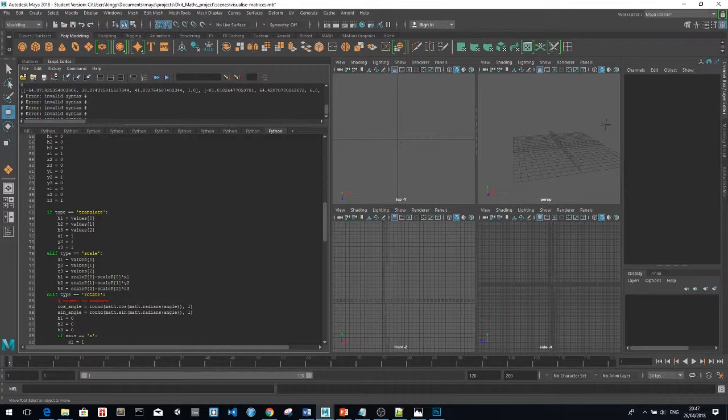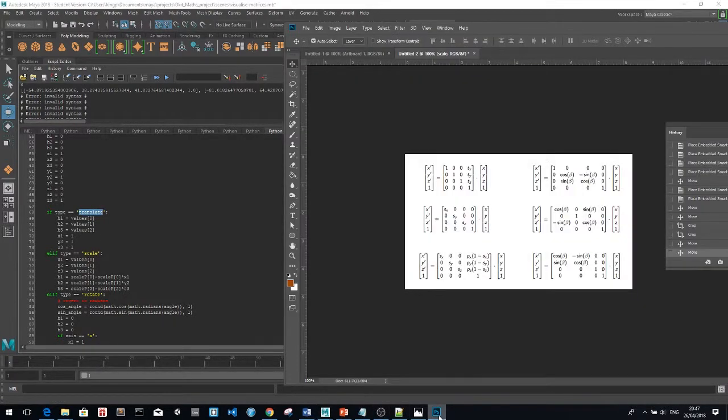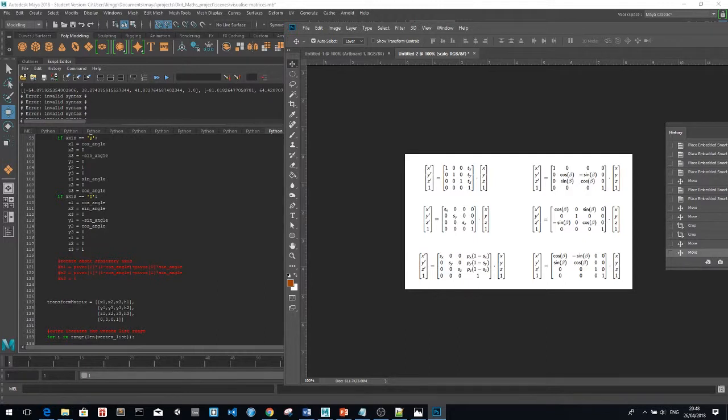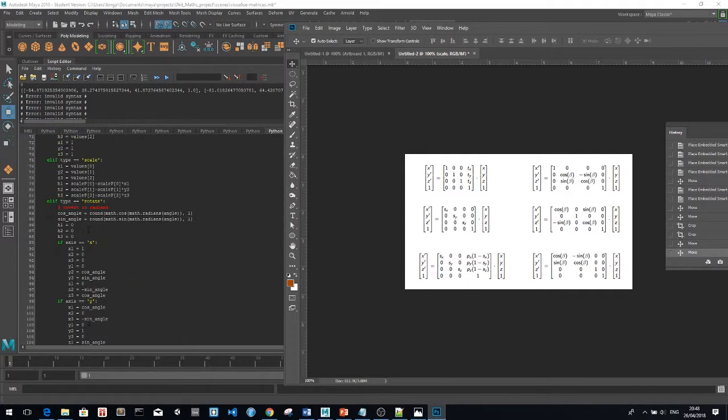So, for instance, for translate, this formula here is a translate formula. The h1, h2, h3 values will update, while x1, y2, and z3 will remain constant.